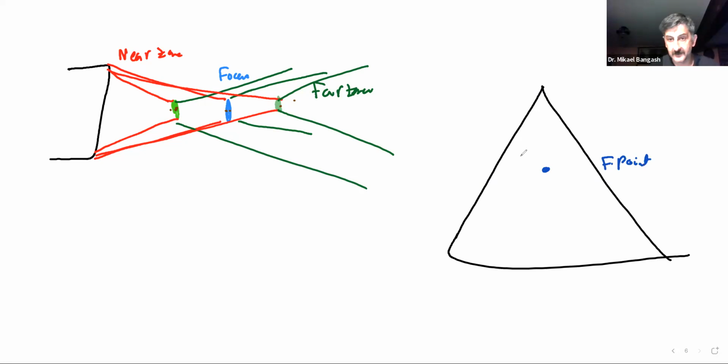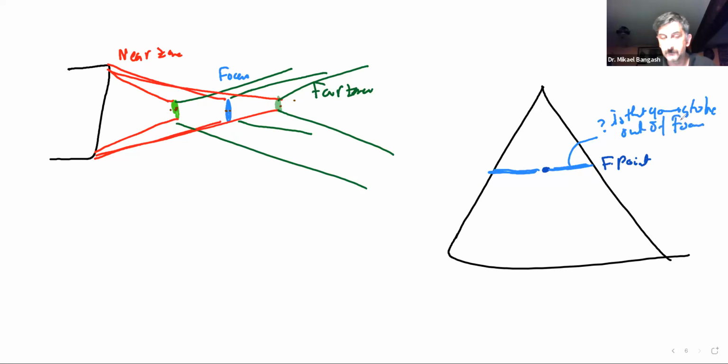Now, what about all this on this side, and all this on this side? Is that going to be out of focus? And the answer for that is no.